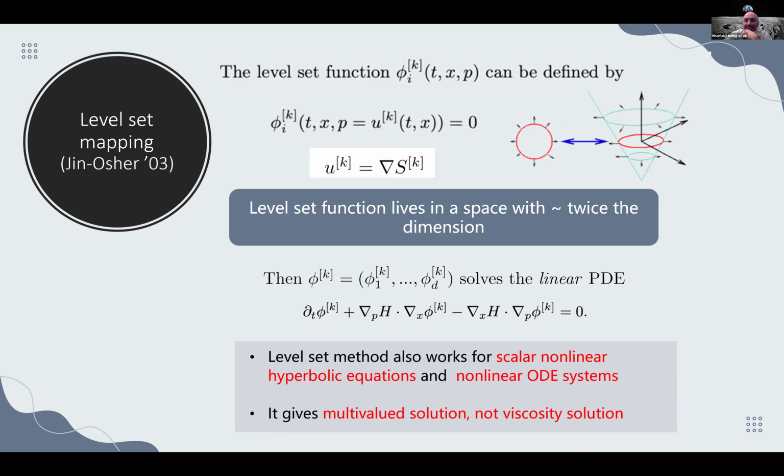Other questions or comments? If I may. Sure, go ahead, please. It's common in machine learning, AI, and topological analysis that people go to a higher dimension, and then project onto the low dimension and get some information from that.